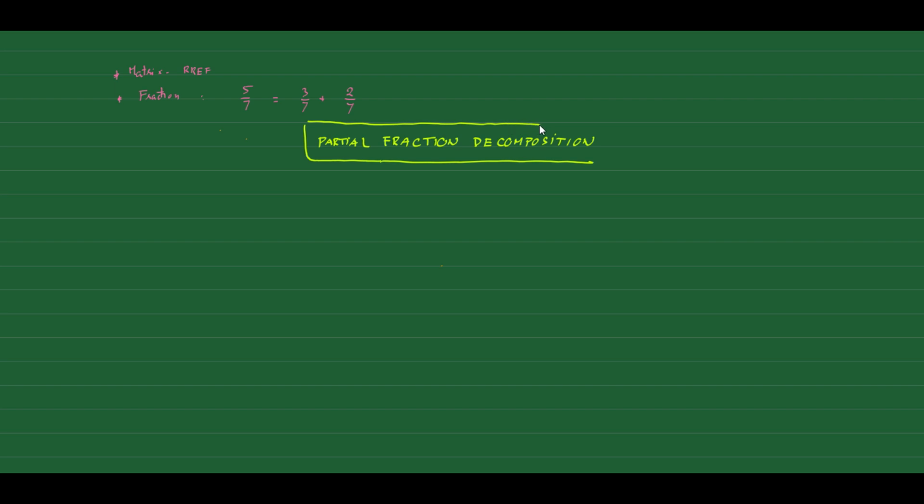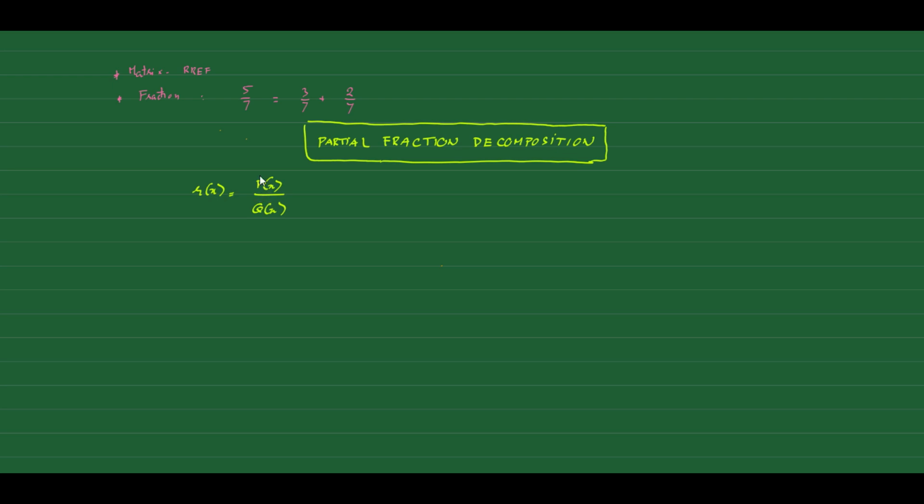I mean, we split it up into multiple rational expressions. We already know a rational expression is in this form, right? Our rational expression would be p of x over q of x, and p and q over here are polynomials.